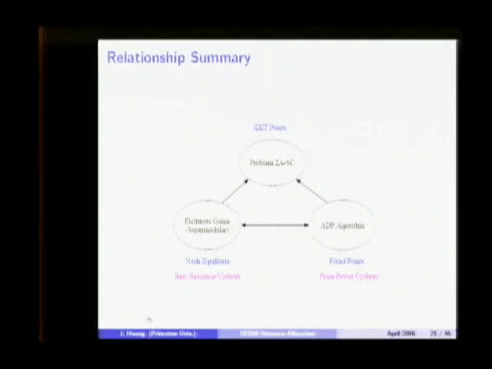Then we can also show that the price and power updates of this ADP algorithm correspond to the best response updates of this fictitious game, by properly choosing the payoff function in the game. What does best response mean? In a game, best response means that if a user considers the strategies of all other users fixed, then he chooses his strategy to maximize his payoff. Then the fixed point of the best response is the Nash equilibrium. So that's the relationship.